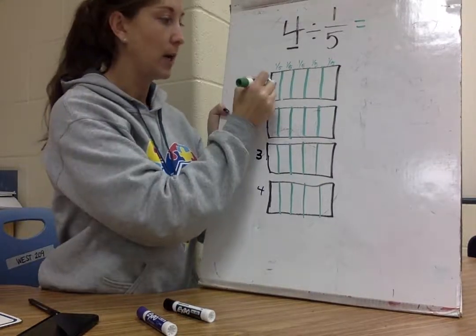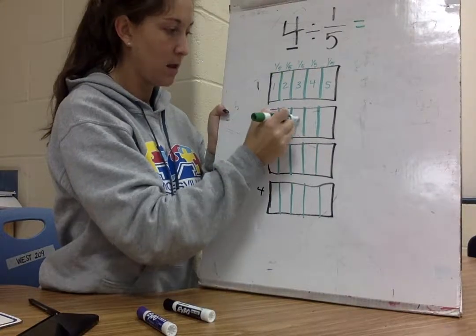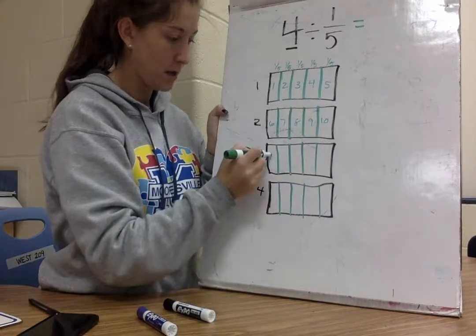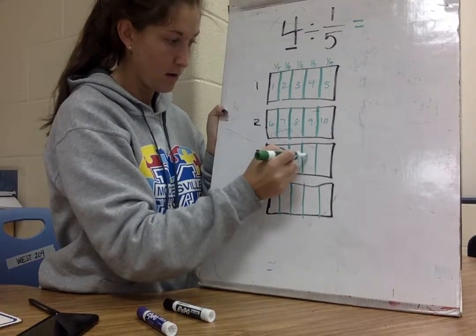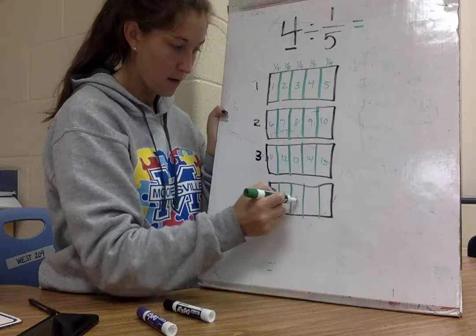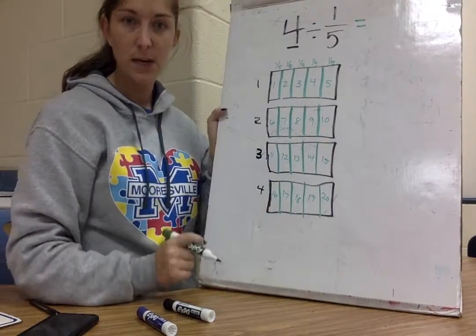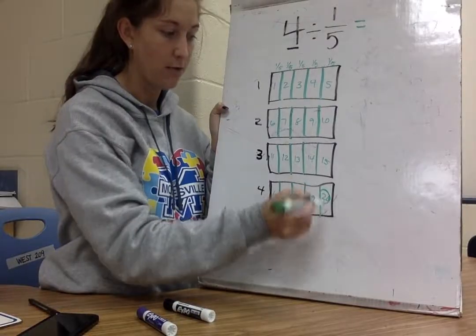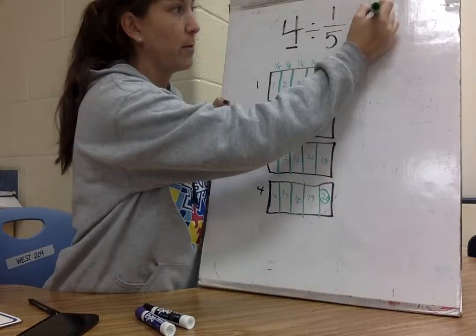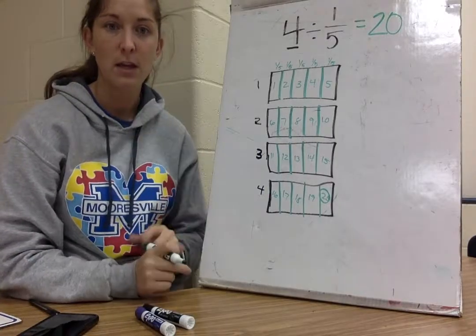So I'm going to go ahead and count. Inside of these 4 rectangles, I have a total of 20 pieces. Therefore, my quotient to 4 divided by 1/5 is 20.